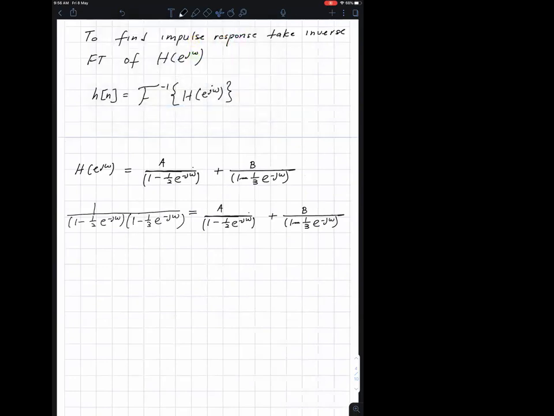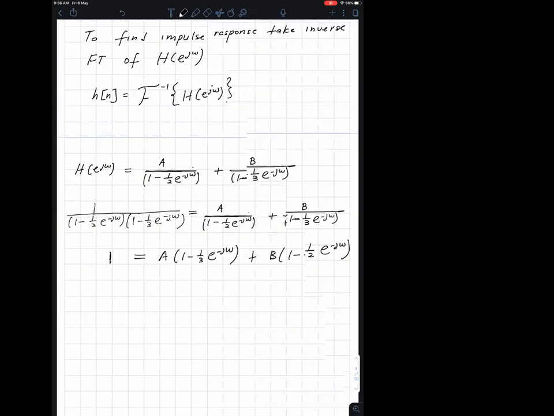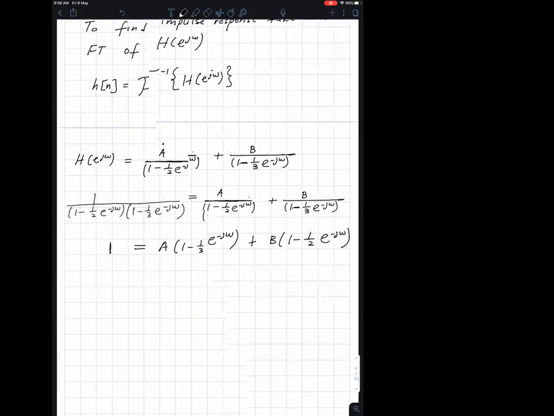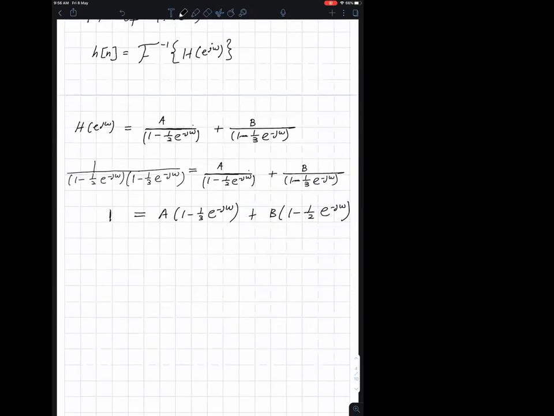We get 1 equals A(1 minus 1/3...) plus B... you let each term go to 0. First, you let this go to 0.